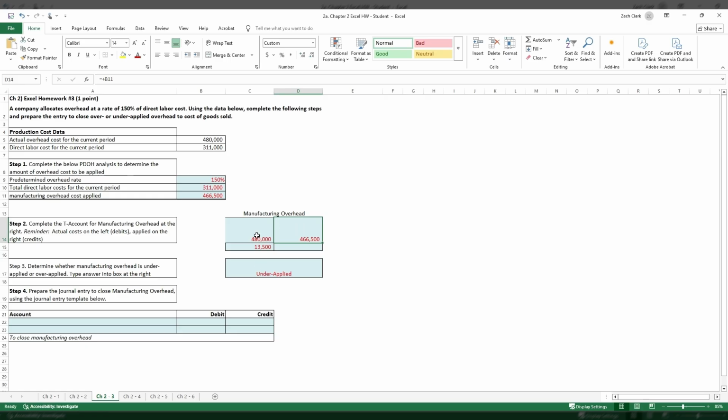If you over applied overhead and charged your customers a little bit more, that just gives you more of a buffer, as long as the customers are happy to pay it and your prices aren't too high. That's good, because it gives you some wiggle room if overhead costs creep up.